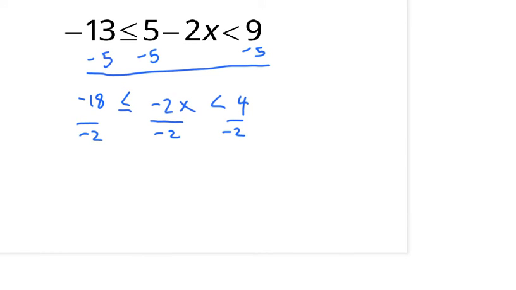Dividing by a negative is going to change the inequality sign, so we might as well change that and write whatever is going to be left over. So the division in the middle gives us positive x. Division on the right gives us a negative 2, and division on the left gives us a positive 9, which is equivalent to what we had before. We could also have written it this way, with the 9 here and the 2 here. It says exactly the same thing.